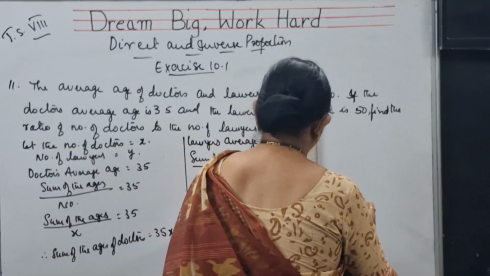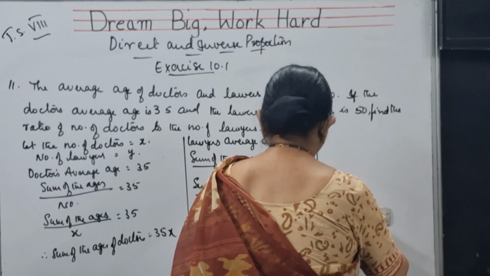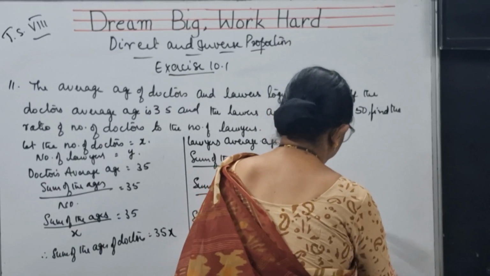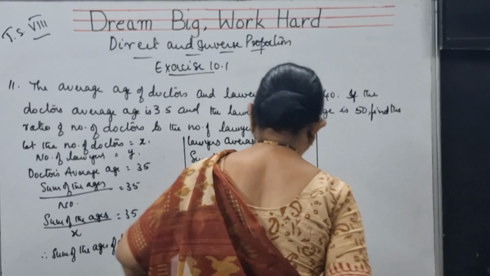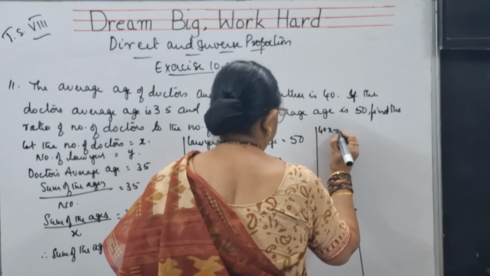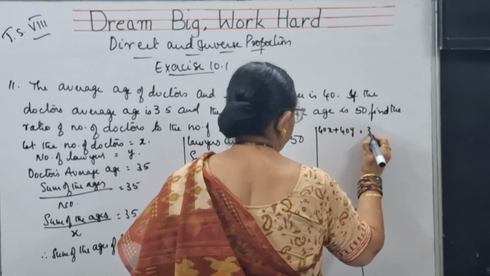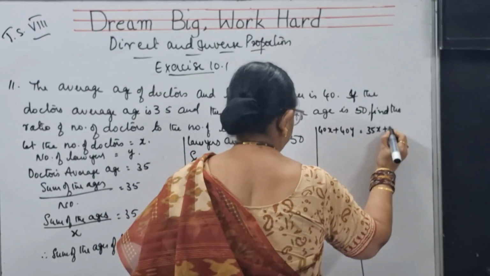Let us continue. 40x plus 40y is equal to 35x plus 50y.